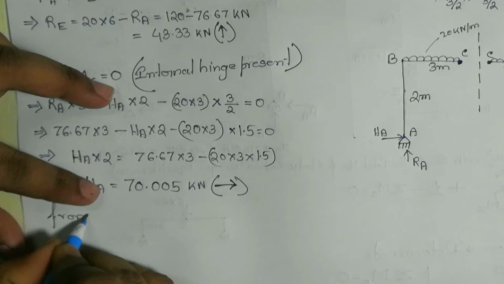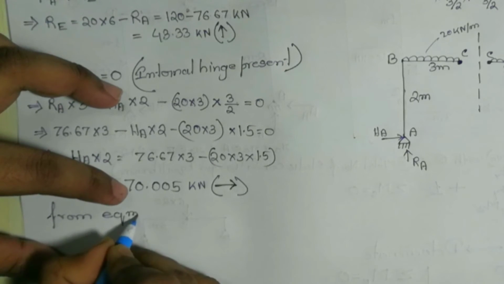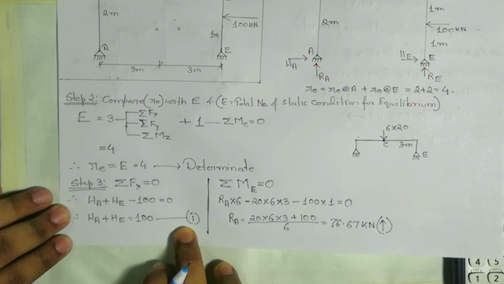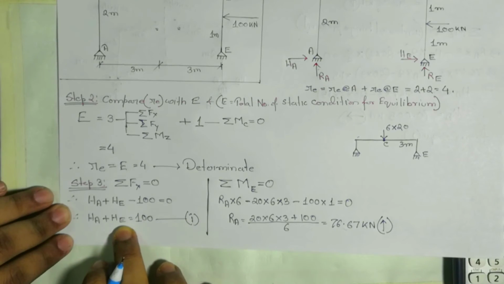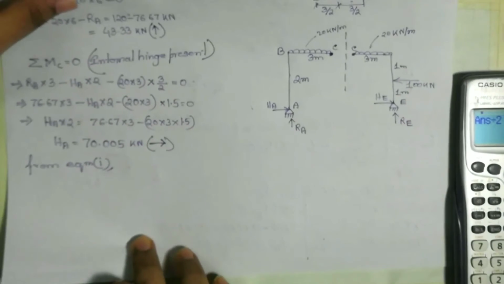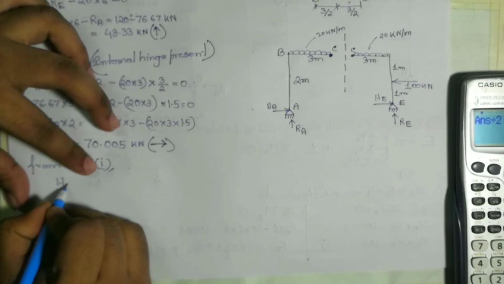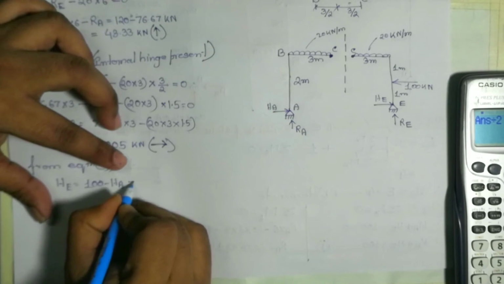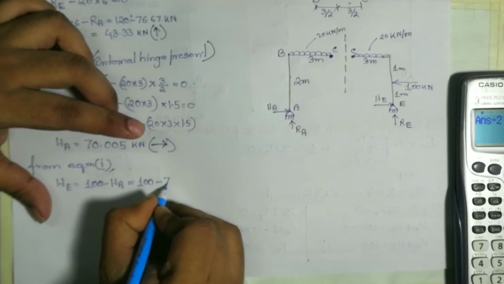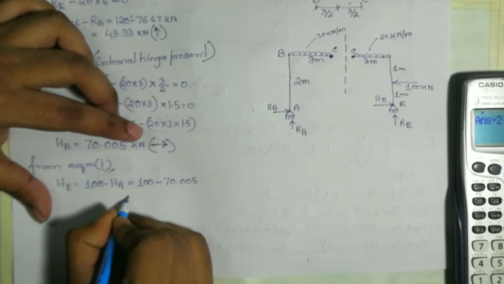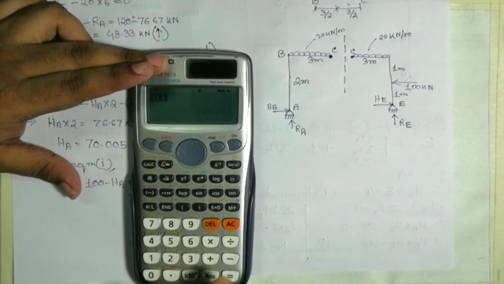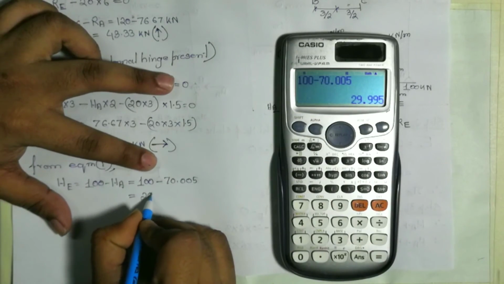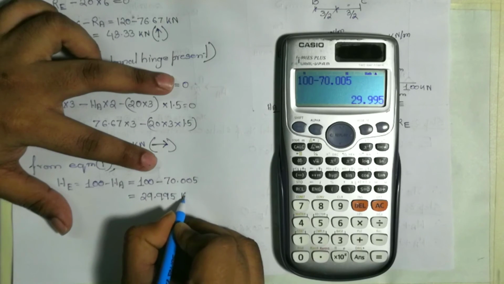Now from equation 1, which we took previously, HA plus HE equal to 100. Therefore HE will be 100 minus HA, which is 100 minus 70.005, that is 29.995 kilonewton.